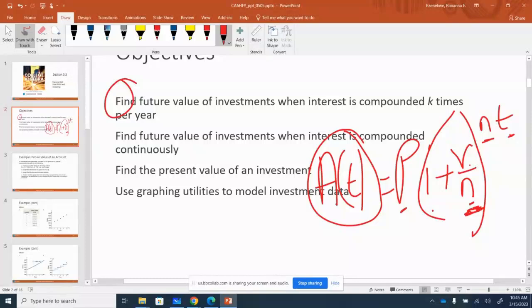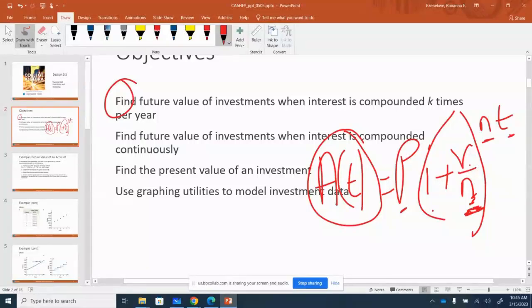The number of compoundings can be once a year, which is annually, 2 times a year, semi-annually, quarterly, 4 times a year, monthly, n is 12, daily, n is 365, and so on.